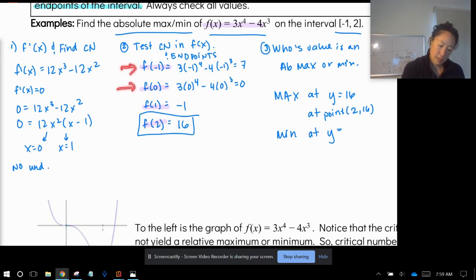So which value is the smallest? It looks like f of 1, okay, with a y value of -1, or at the point 1 comma -1. Okay, and I'm going to pause and continue the video a little later.